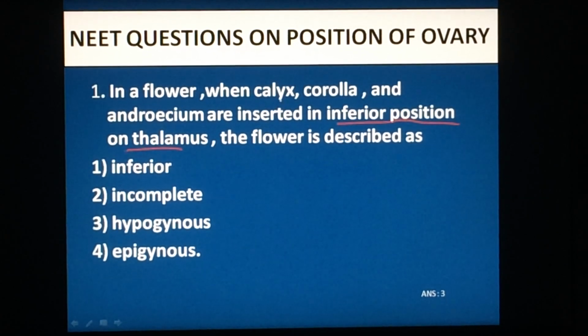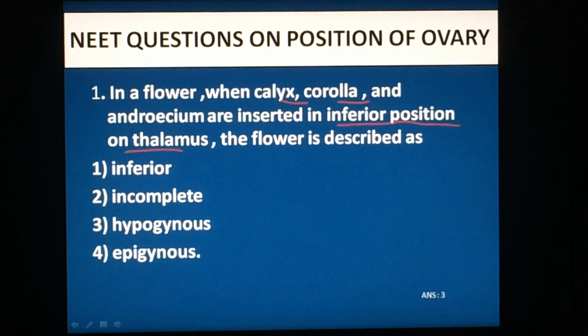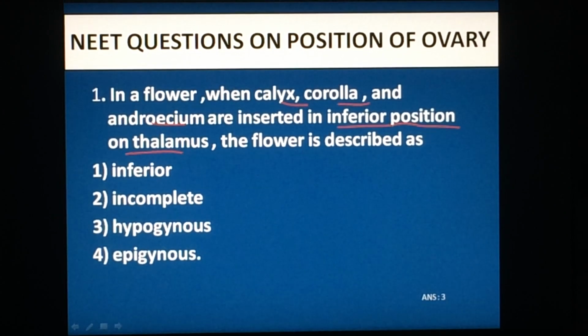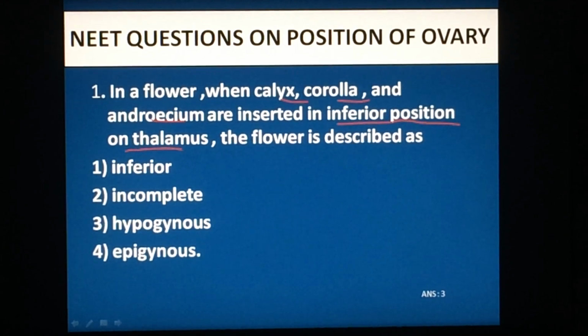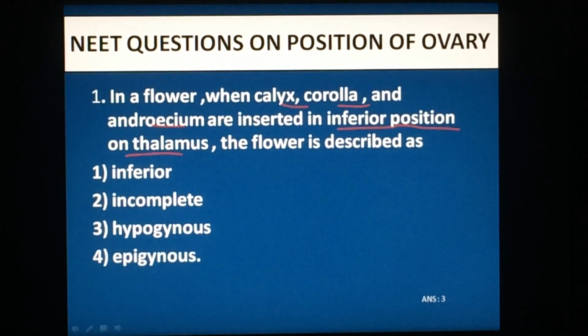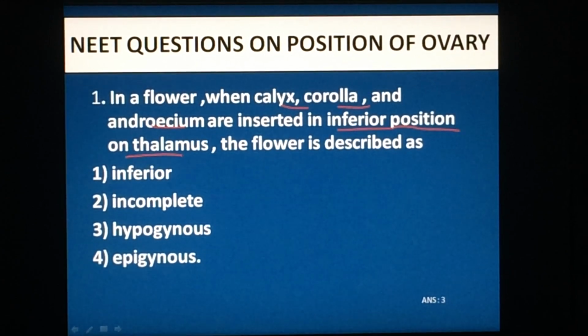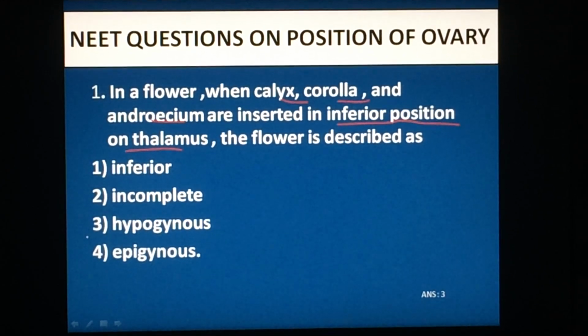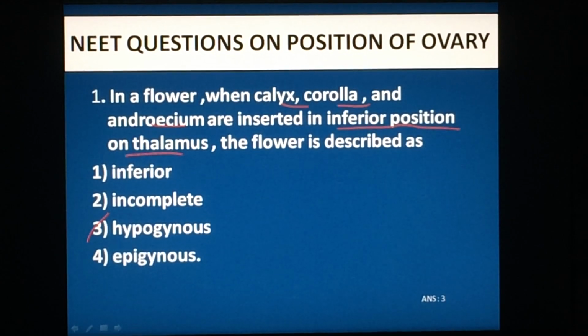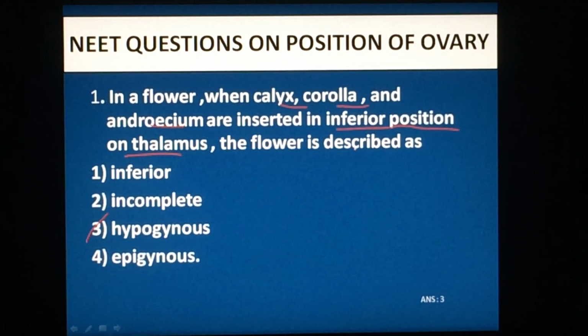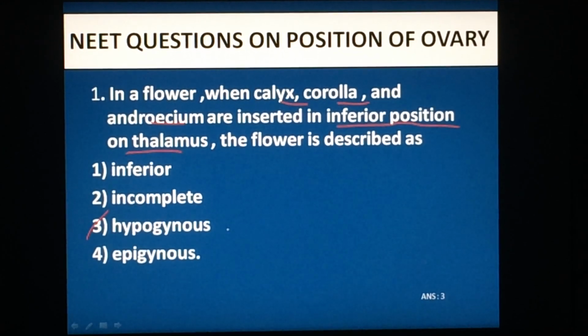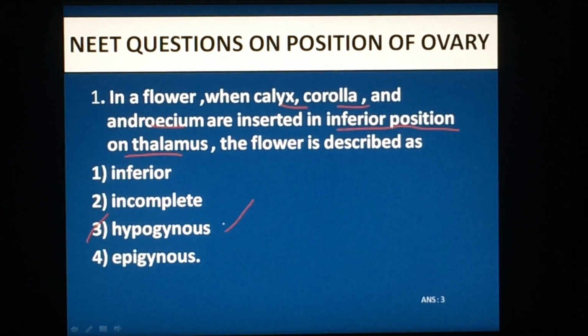What are inferior? Calyx, corolla, androecium. Then this will be called as an, what is that? Hypogynous. Why? If these are inferior, below, ovary is above, ovary is superior, where we will see hypogynous.